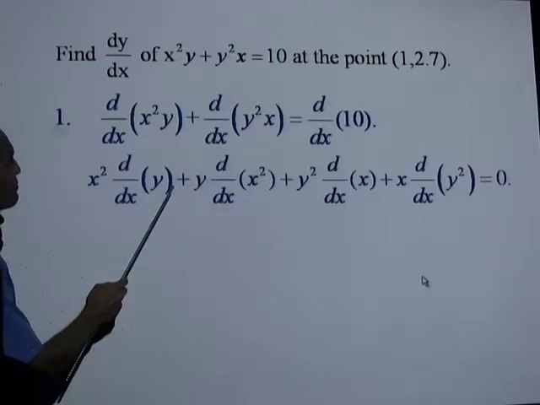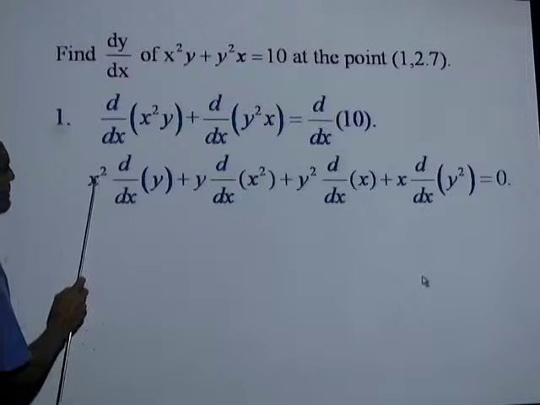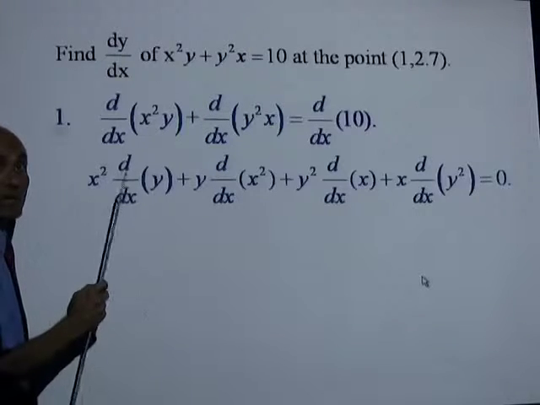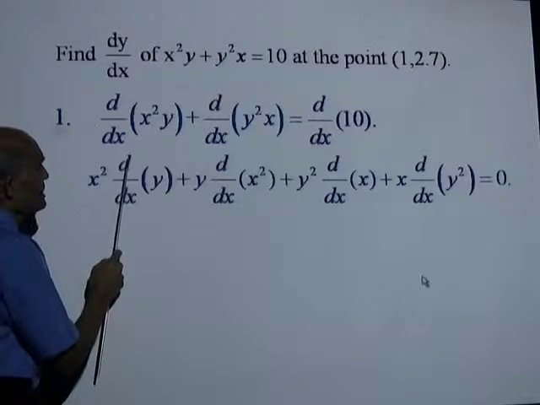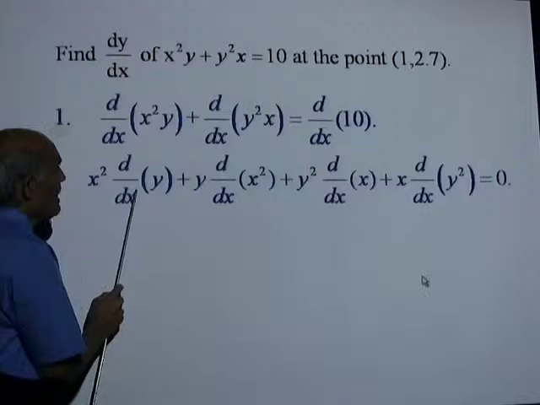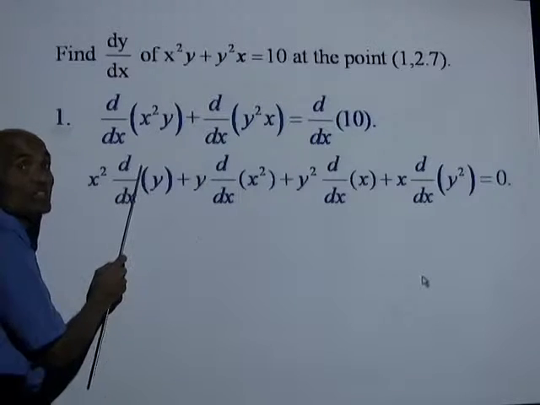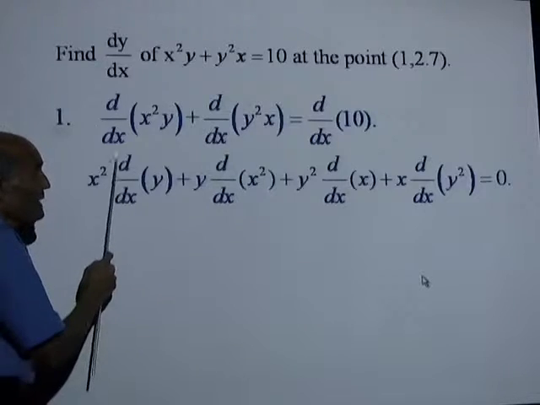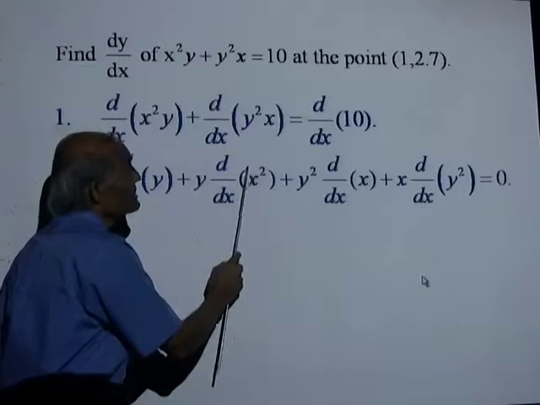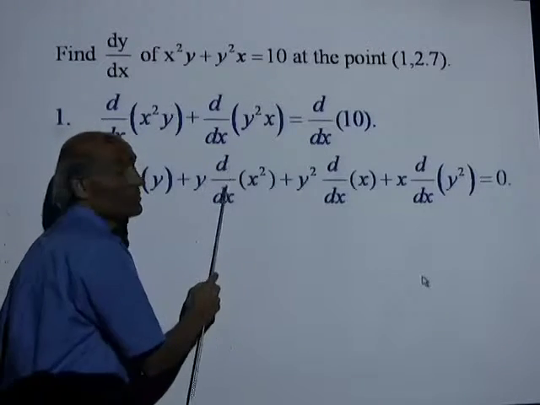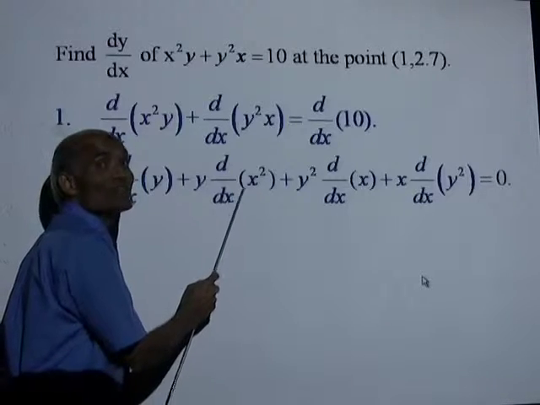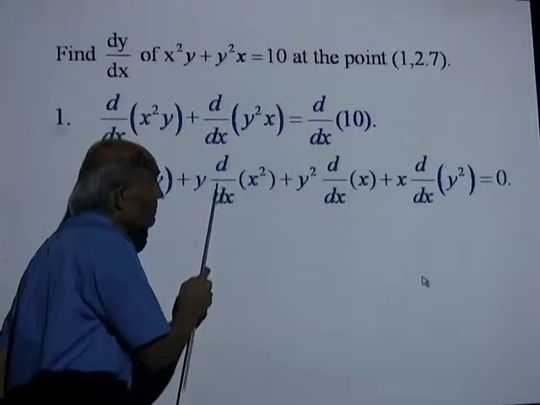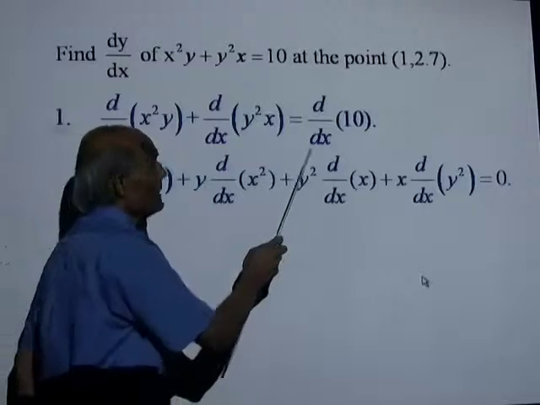Okay, let's work out this derivative. That will be x squared times, do that in your mind first. X squared times the derivative of y with respect to x is dy by dx, so this will be simply replaced by dy by dx. The derivative of x squared with respect to x is 2x, so this will be replaced by 2x.